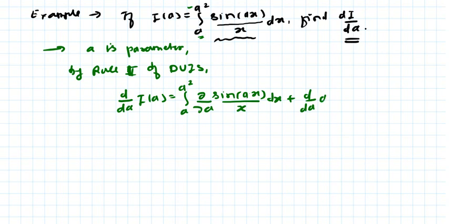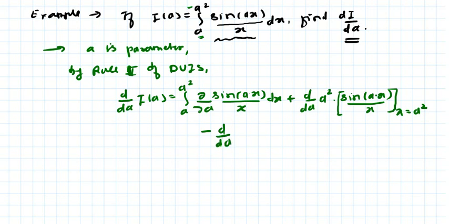The upper limit is a square, with respect to a, and into the function sine of ax upon x, you have to replace this x by the upper limit, minus d by da of the lower limit. So in the function again sine of ax upon x, you have to replace this x by the lower limit.